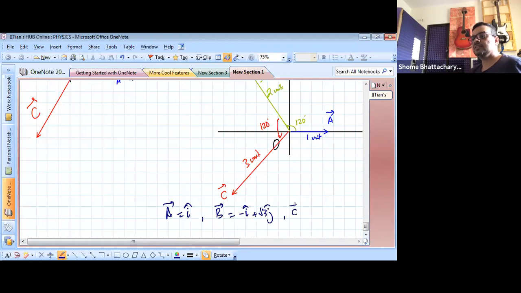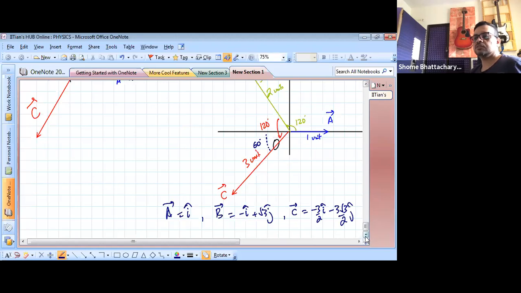And the vector C, you can see, is making an angle of 120 plus 120, so this angle here will become 60. Its x component will be minus 3 cos 60, so minus 3 by 2 i cap, and its y component will be minus 3 sin 60, so minus 3 root 3 by 2.